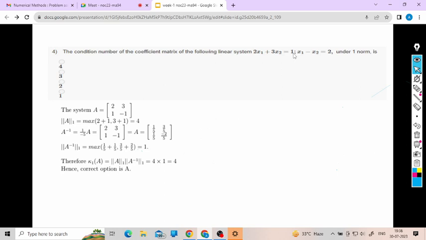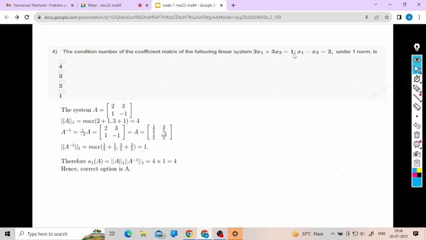Can you please run through the different types of norm that we need to know? Okay, you might be working with norm 1, which is the maximum of the column sums.